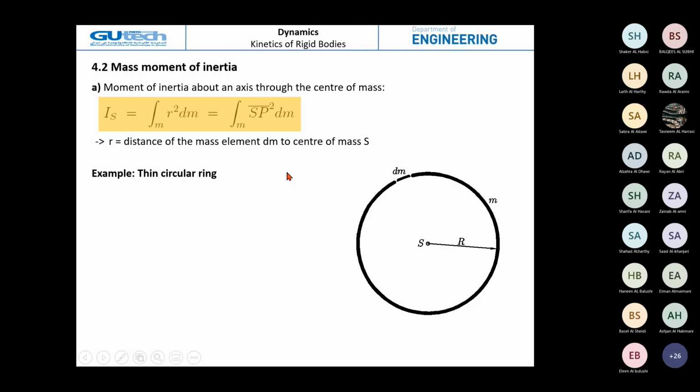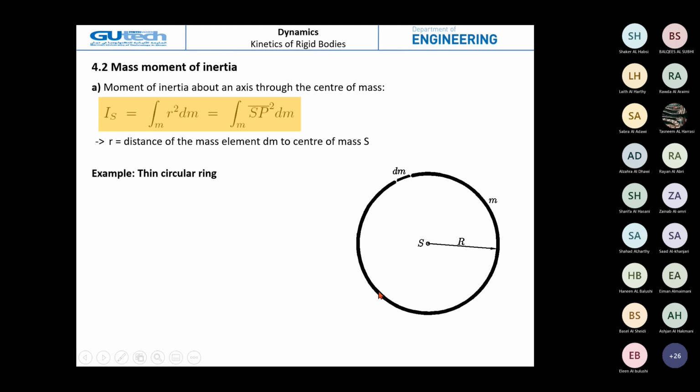Now we take the example of the circular ring. That means we have the infinitesimal mass dm. The center of weight is S here at the center of this circle.